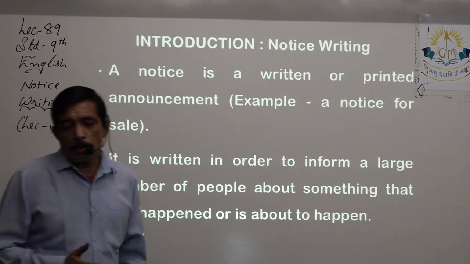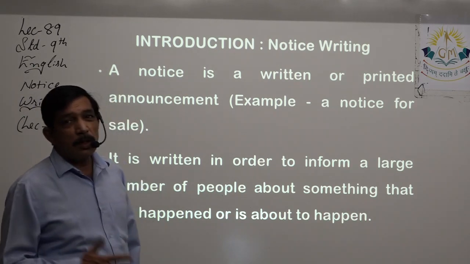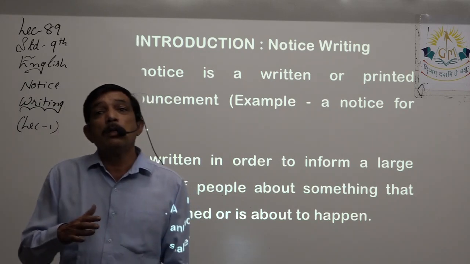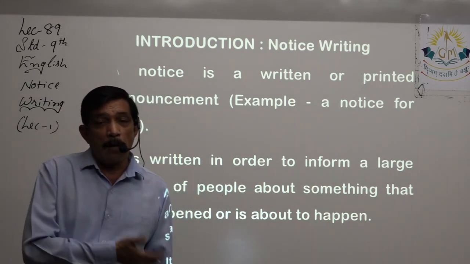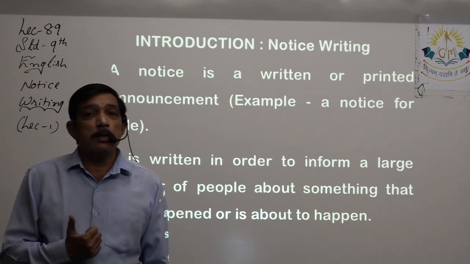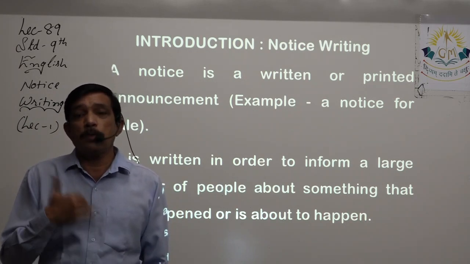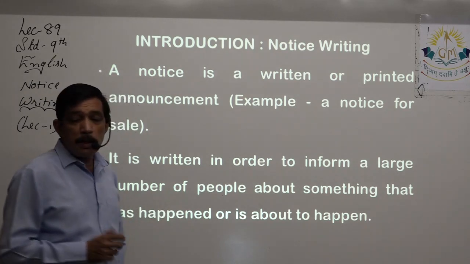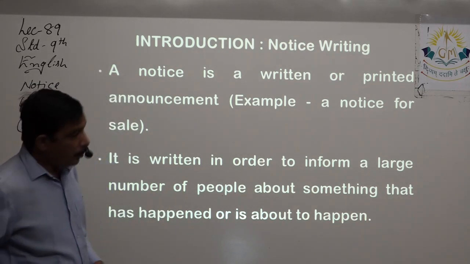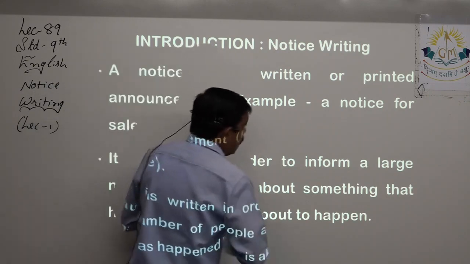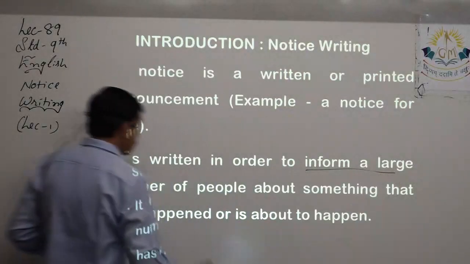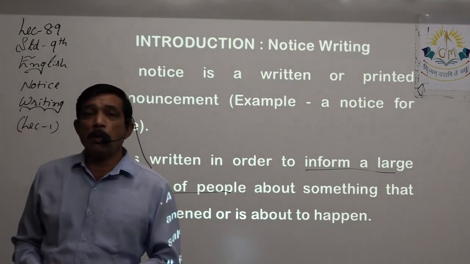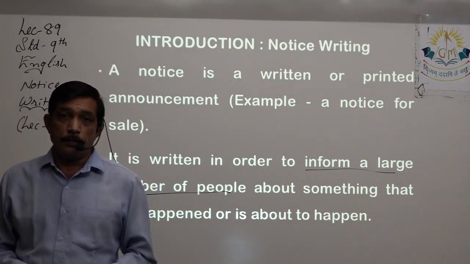So a notice is a written or a printed announcement, usually displayed for some event that is going to happen, or an event that has already happened, and the result of that event, something you have to announce. It is a written order in order to inform a large number of people. The main thing over here is to inform a large number of people about something that has happened or is about to happen.